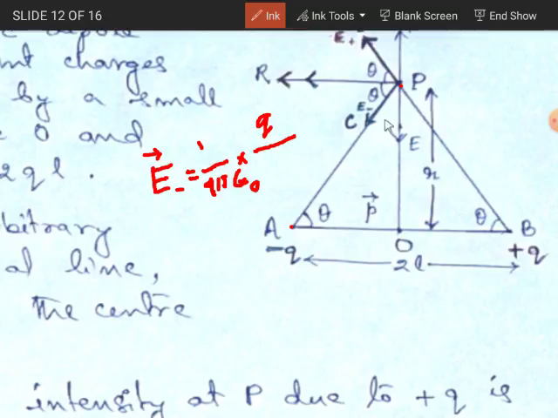So instead of writing AP square, we can write AO square plus OP square. AO is L and OP is r, so it will be r square plus L square.